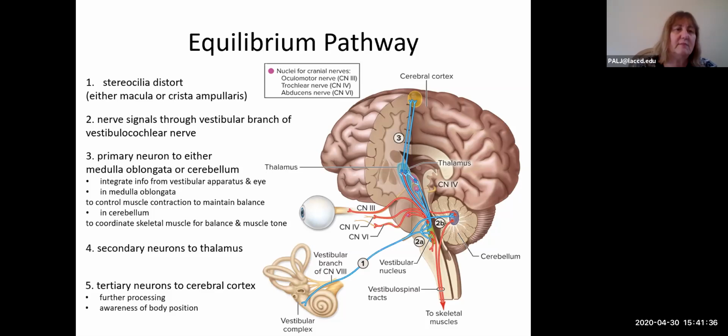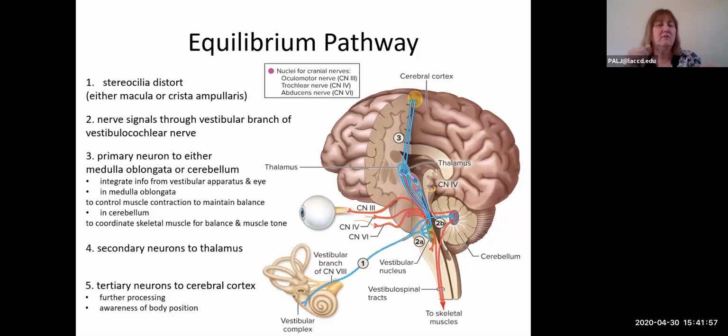I said that wrong the first time, sorry. From there, we are going to have our primary neuron carry those nerve signals through the vestibular branch of the vestibulocochlear nerve, which goes through the internal auditory meatus, goes inside the skull, and will go to one of two places.